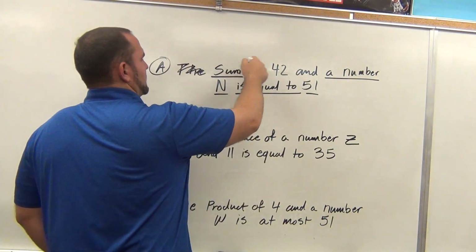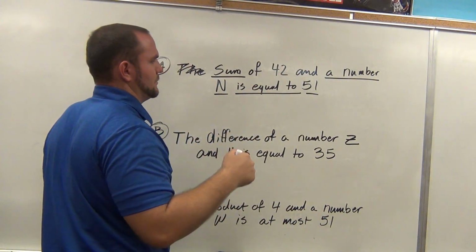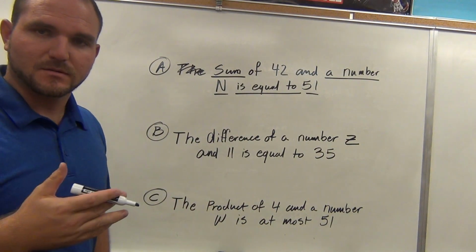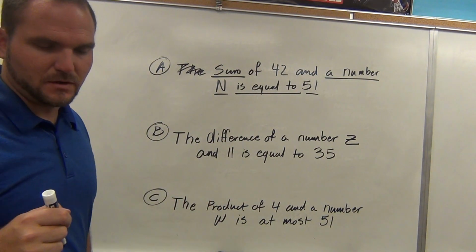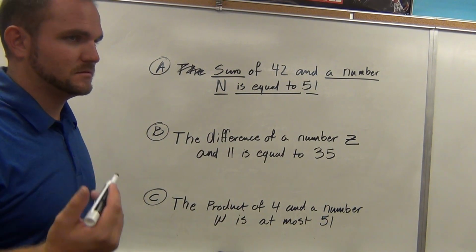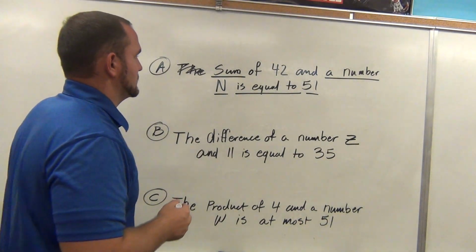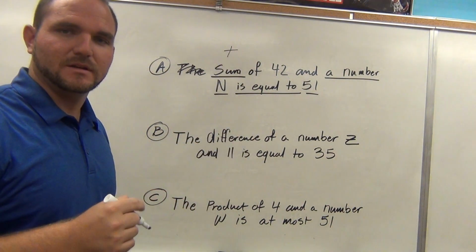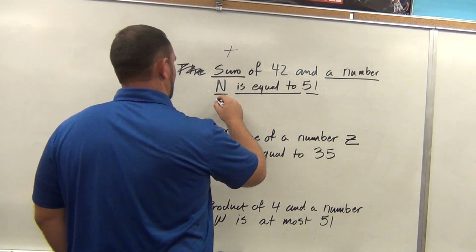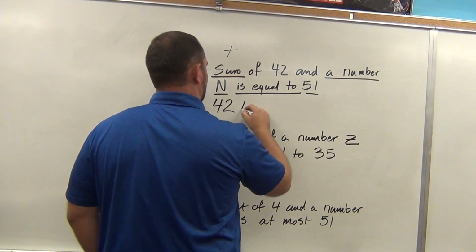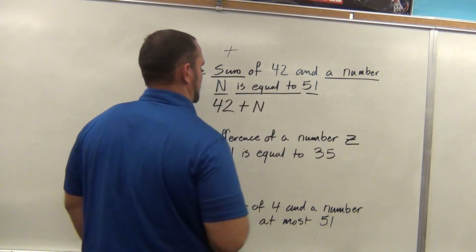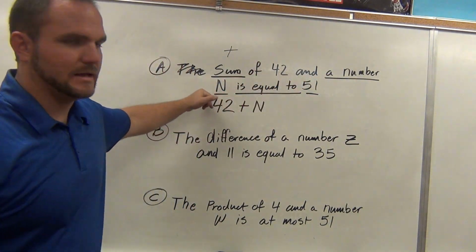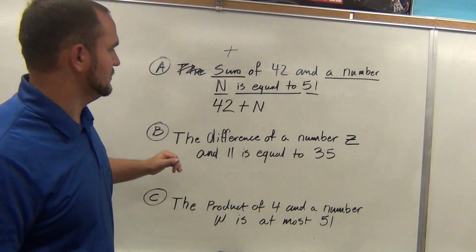So the sum of 42 and a number n. So sum, if you go back to my other videos or if you have your list in front of you, the sum is addition. Okay, so the sum of 42 and the number n. Well, to make this work, it would be something like this. Okay, so there's your 42 and a number n, the number that we don't know, your variable.